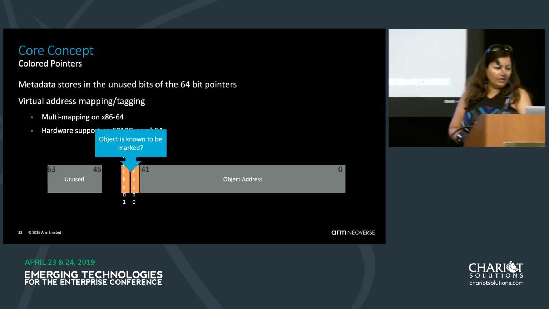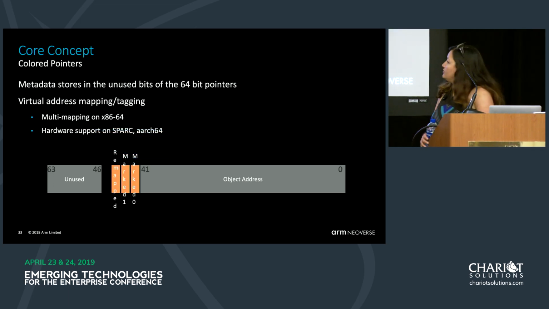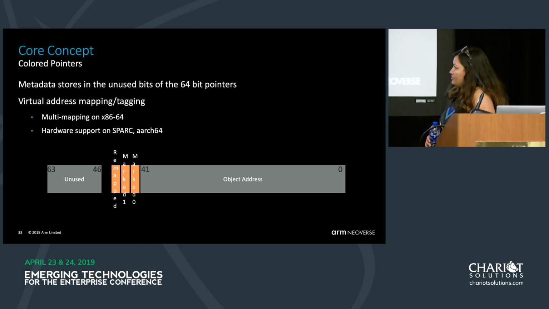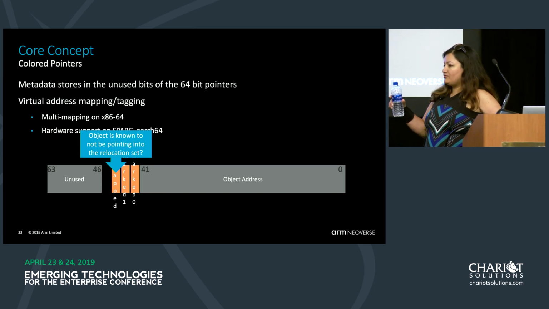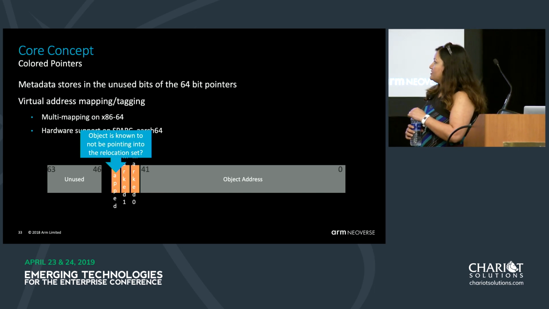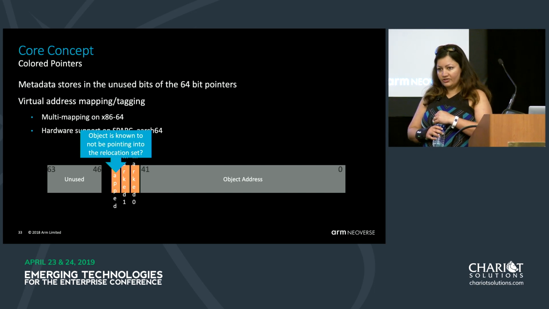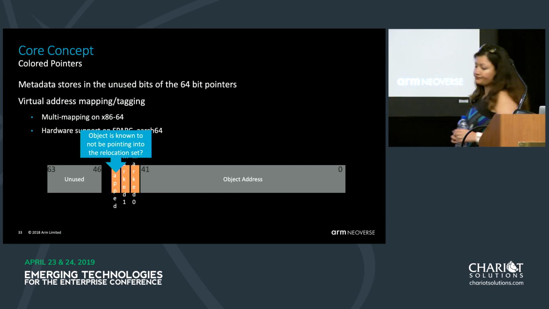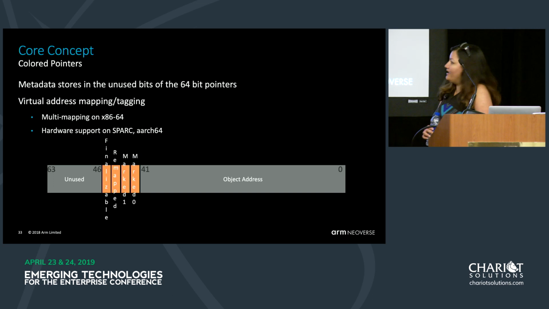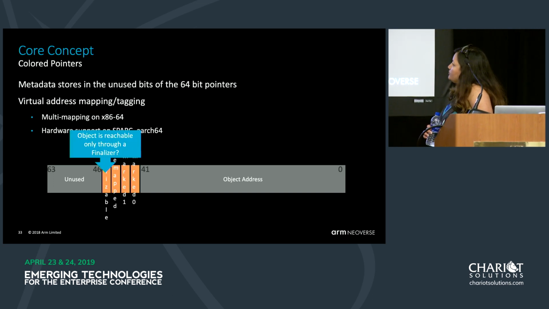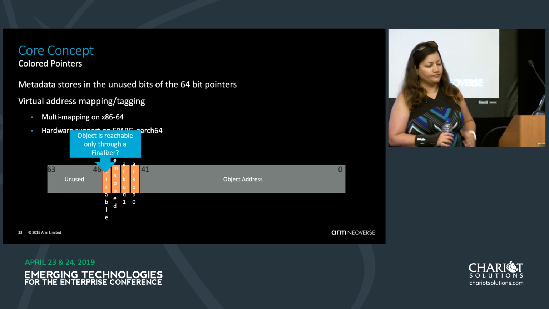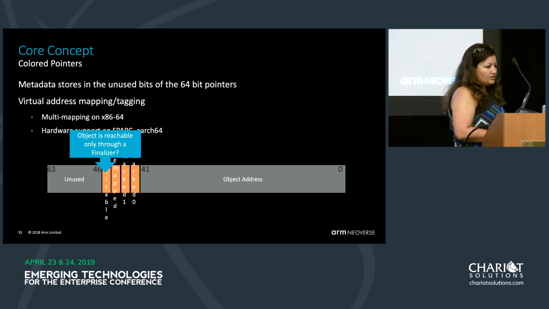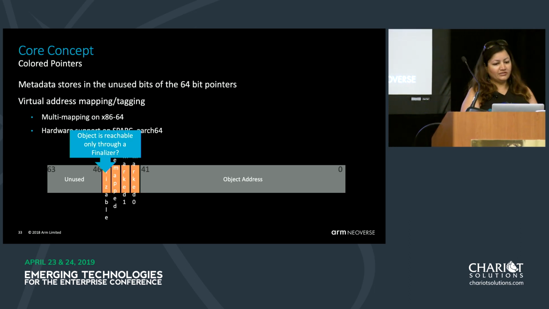Then you have remapped, which tells whether objects have been remapped so they're not pointing into the relocation set, also known as the collection set. And the last one is finalizable, meaning the object is reachable only through a finalizer. So that's the concept of colored pointers.